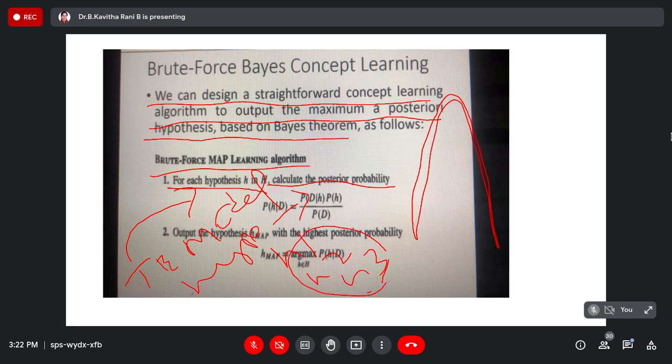So for calculating the likelihood, or their probability, to find which has the highest probability, we will be using MAP, maximum posterior probability.